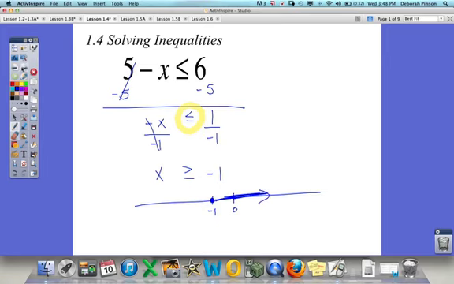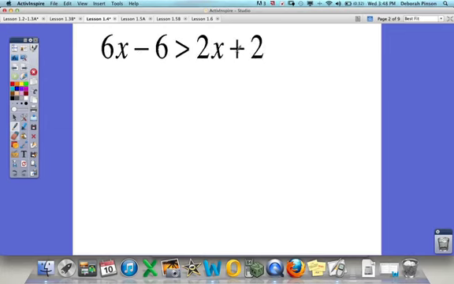Okay, let's look at one or two more of these. Okay, so here is my inequality. I'm going to go through and solve. Now, I've told y'all this before. I personally like to keep my x's positive, so I'm going to choose to move my 2 over to this side so that I get 4x. While I'm at it, I'm going to get the 6 out of the way.